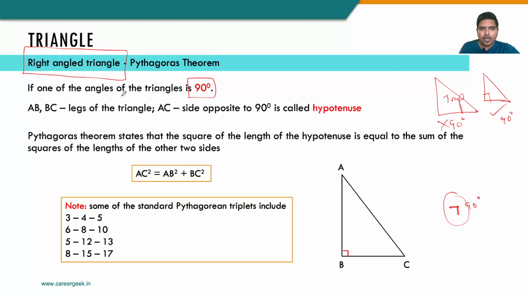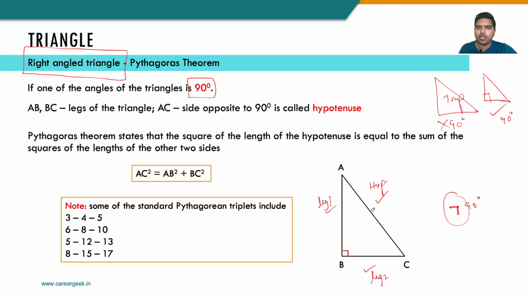And in a right angle triangle, these two are called legs and this is called the hypotenuse. Let's say leg 1 and leg 2. The right angle sides are legs and the largest side is hypotenuse. Why largest side?